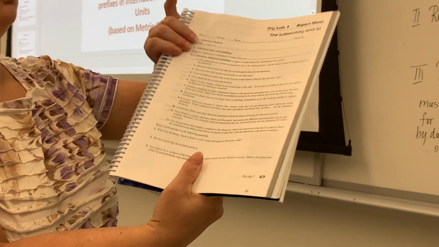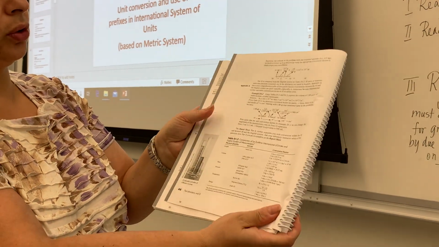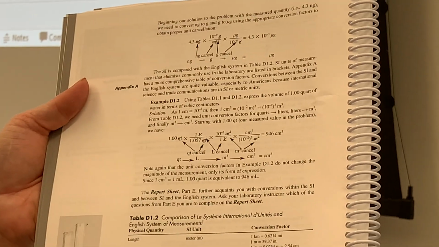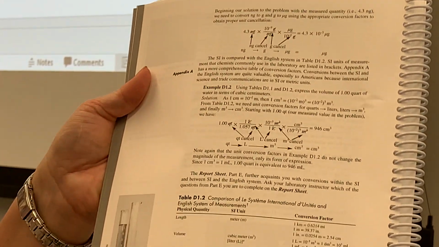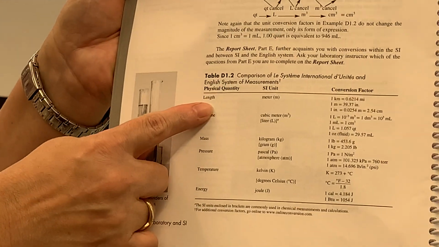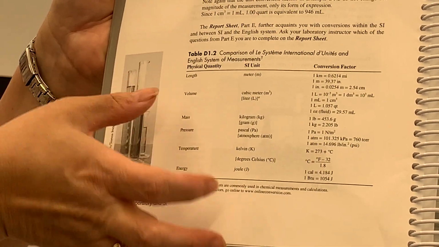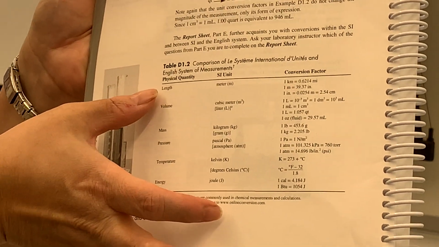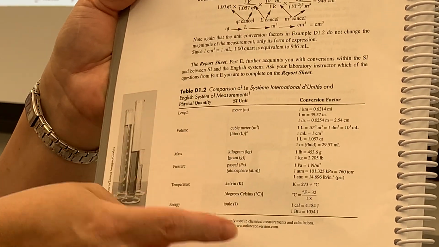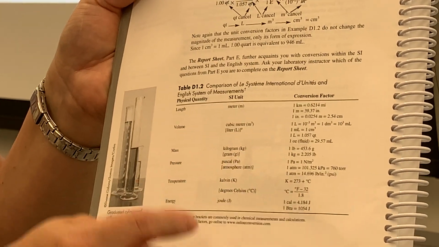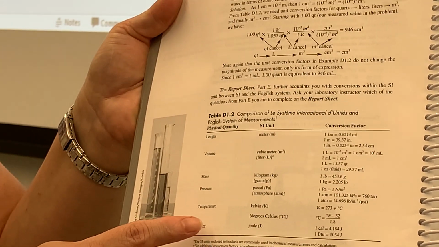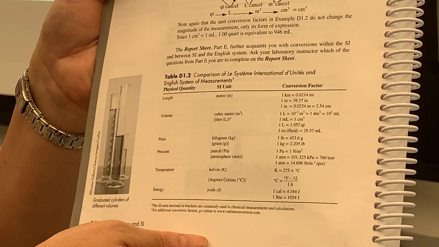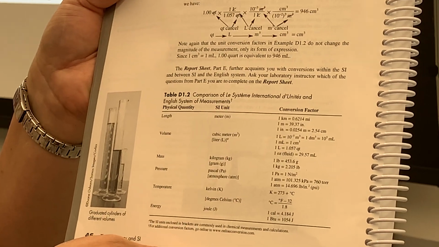There are more examples on page 54, which show how the unit cancellation method is applied. And then there is Table D12 on the bottom of the page, which is basically an abbreviated version of Appendix A, which I'm referring you to for your homework, showing several important quantities and respective conversion units used to convert between the English and metric systems.